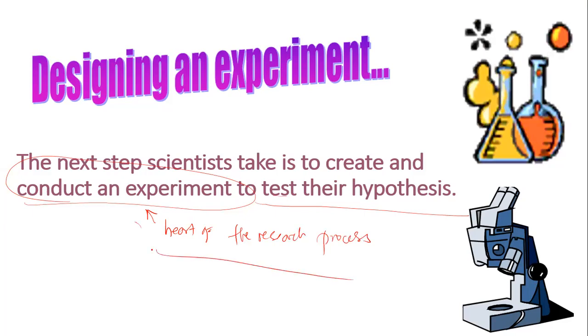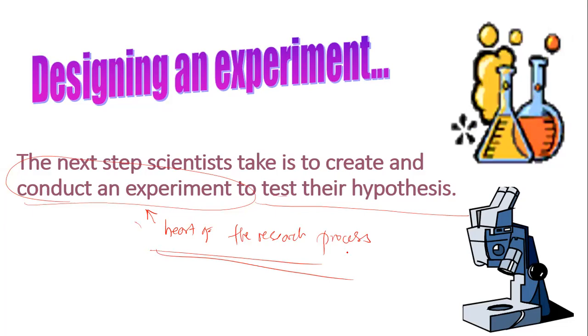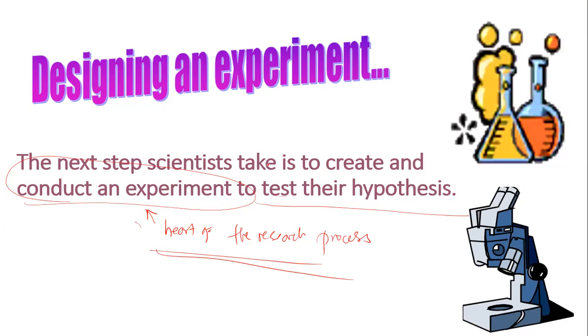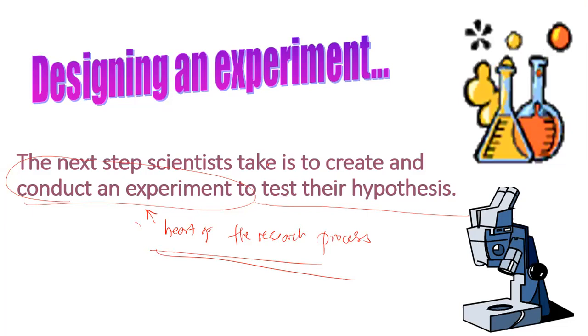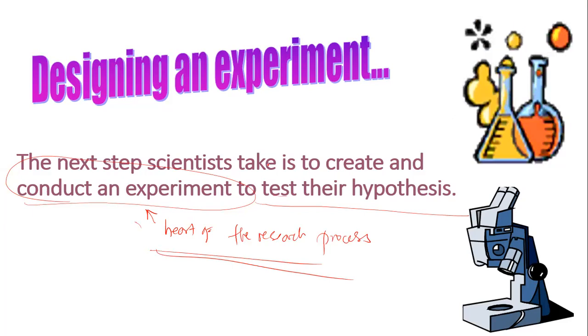Ma'am, why is it the heart of the research process? Because when you fail to have this experimentation, your study will have no meaning. Meaning, if you cannot conduct your experimentation, you will not contribute and will not generate any data.